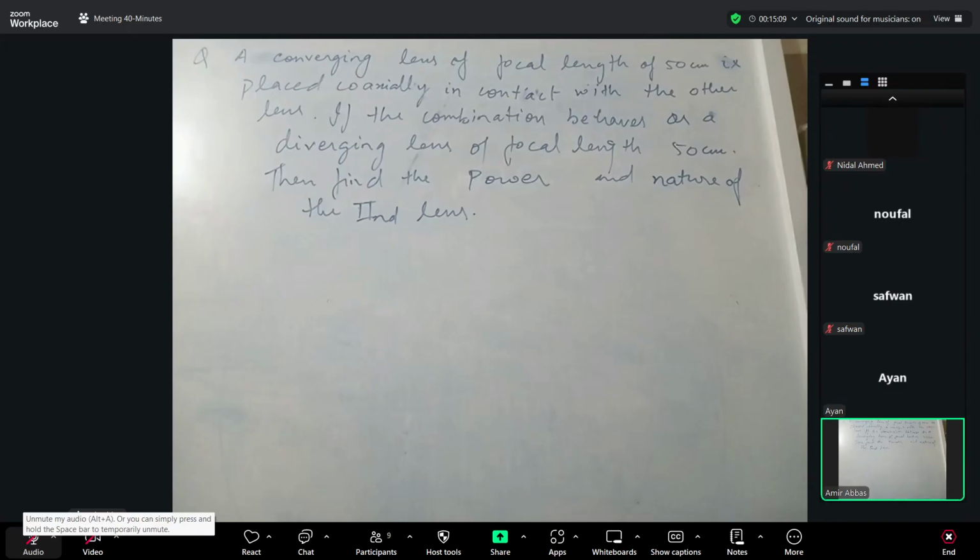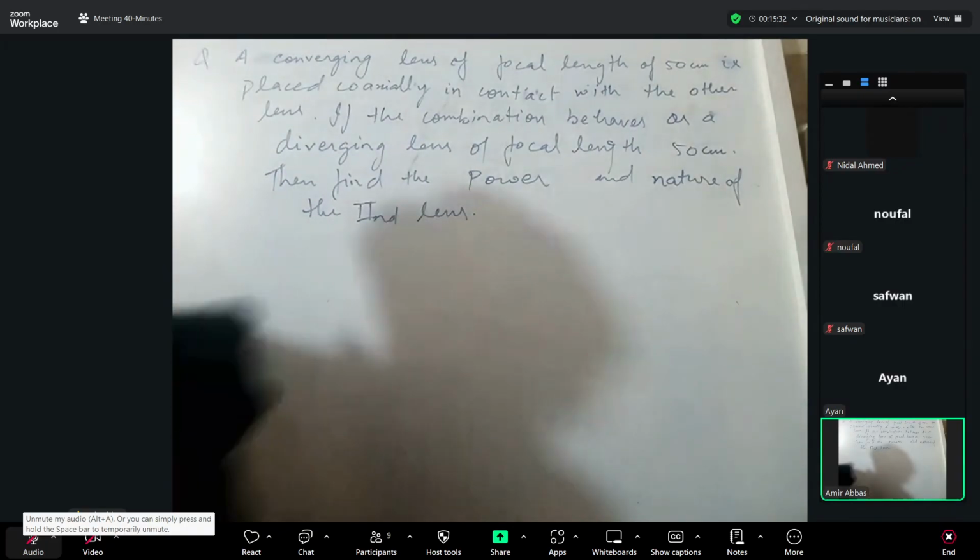Now, can we go to the microscope? Optical instruments. So first of all, we will see the simple microscope. What we need to see?